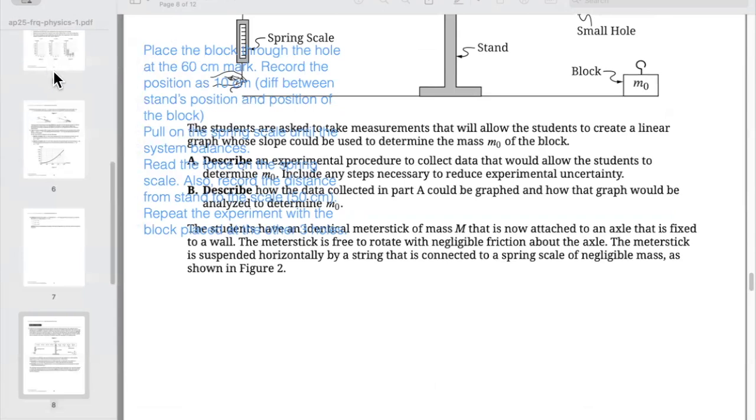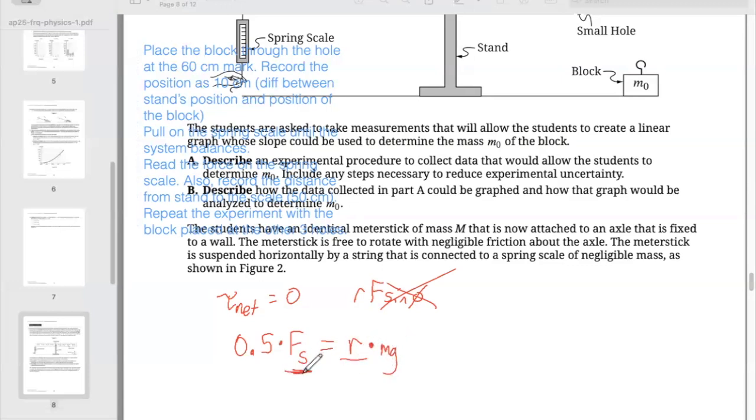So how we would do that then is I'm going to first say the sum of all torques has to equal 0. Torque is equal to rF sin(phi), and the sine of phi is irrelevant here. So you have 0.5 meters multiplied by the force on your spring scale, which is going to equal the distance from the stand to the block multiplied by the force that the block is exerting, which is just mg. g is a constant.